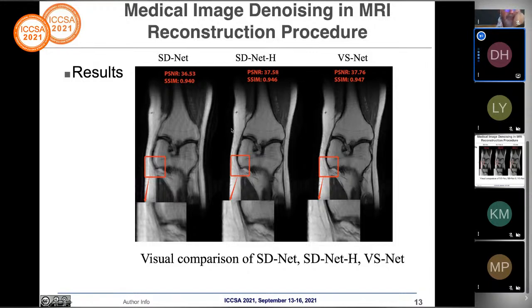Since the limitation of the GPU, because we use a complex network for the SD.NET HD, if we can increase the stage number and use a more powerful GPU, then higher performance can be expected from the SD.NET HD.